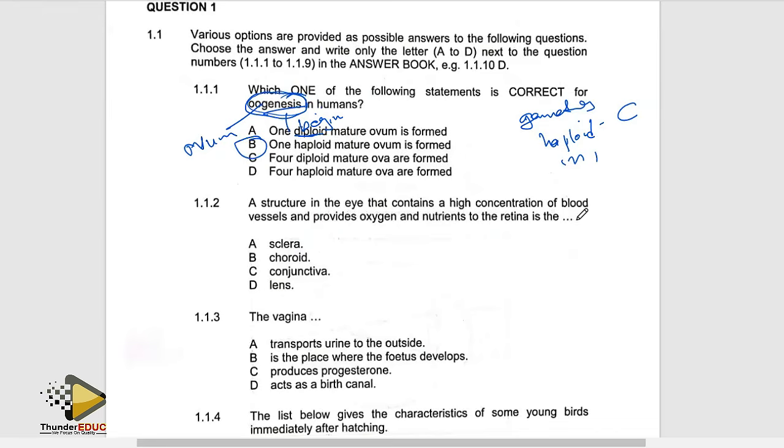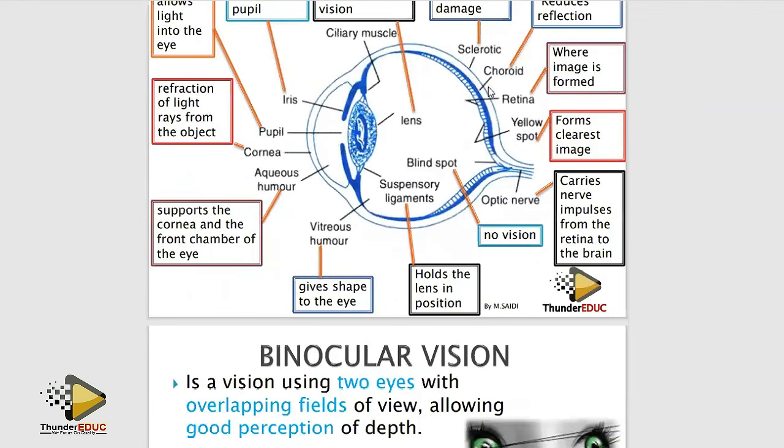Then they are saying that the structure in the eye that contains a high concentration of blood vessels and provides oxygen and nutrients to the retina, how do we call that structure? If you look at the structure of the eye, the dark part of the eye, let's go to our book and see exactly what I'm trying to show you. This is the part we are talking about, which we call the choroid.